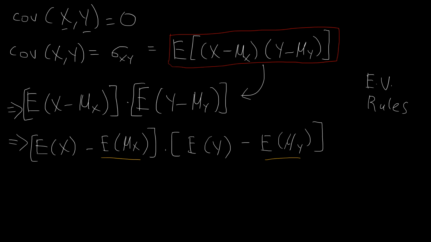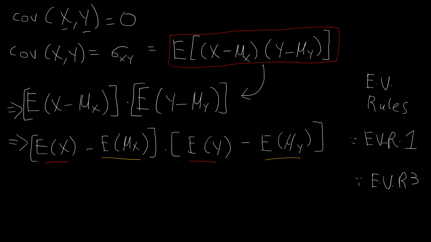So using expected value rule, first of all, let me just write what I have done here. So in this particular step, we have used EV rule 1, and in the next step, we're going to use EV, that is expected value rule 3. Okay, and also we have to note that over here the expected value of x is simply equal to mu x, and the expected value of y is simply equal to mu y. Therefore we can rewrite this as follows.